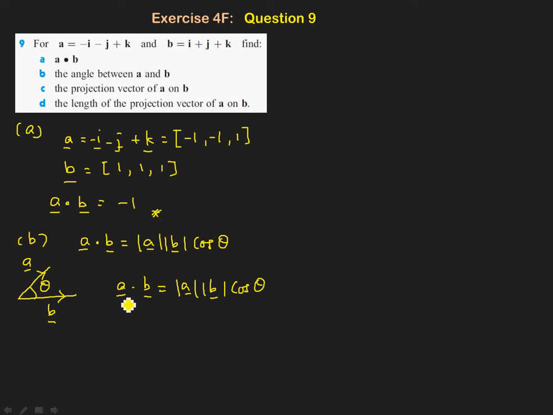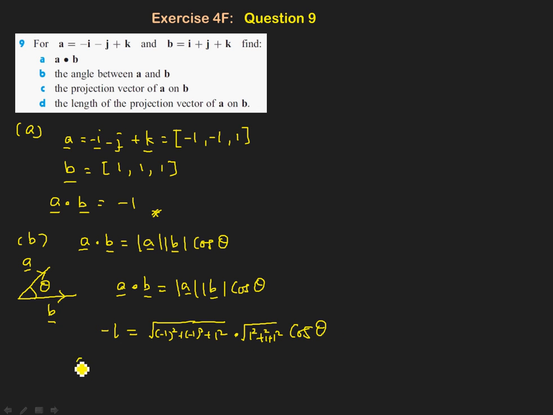We have calculated A dot B in part A, and that's -1. This equals the magnitude of A, which would be the square root of (-1) squared plus (-1) squared plus 1 squared, times the magnitude of B, that would be 1 squared plus 1 squared plus 1 squared, times cosine theta.